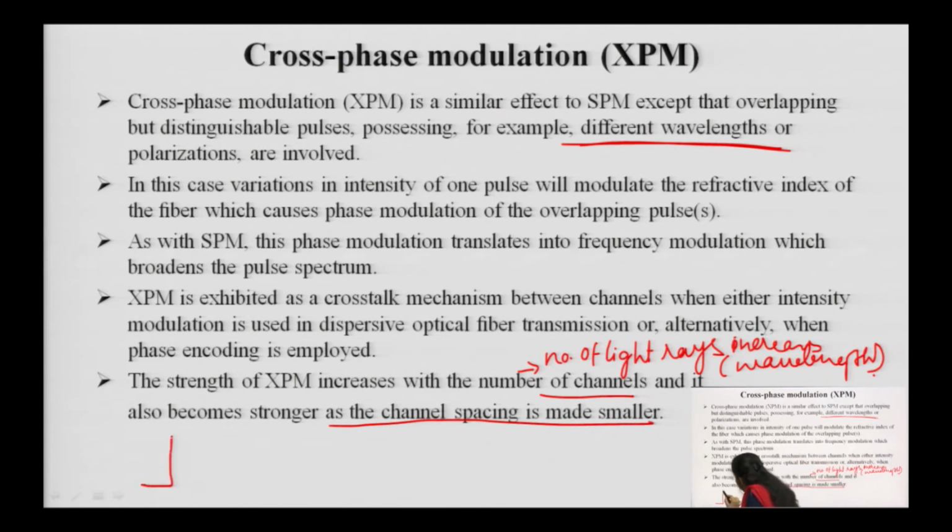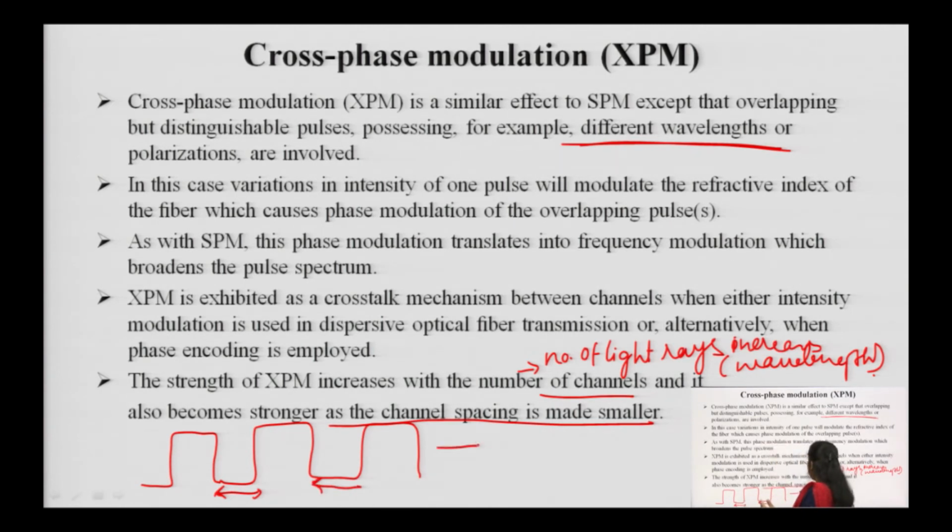If we take the digital modulation case, digital signal, in this particular case the channel spacing between the pulses is wide. So, after XPM, for long haul communication only, we can see that this pulse and this pulse get overlapped.